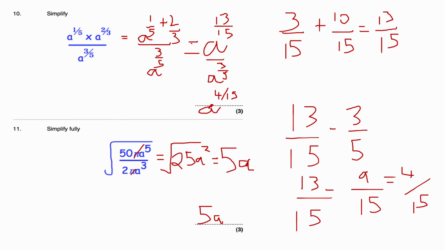And you can check your answer, because if I do 5a times 5a, I do indeed get 25a squared, because 5 times 5 is 25, and then a times a I can write as a squared, okay, using the laws of indices, because I've got a power of 1 here and a power of 1, adding my powers, if it's the same base, is indeed a squared, okay, so that is that answer for question number 11.